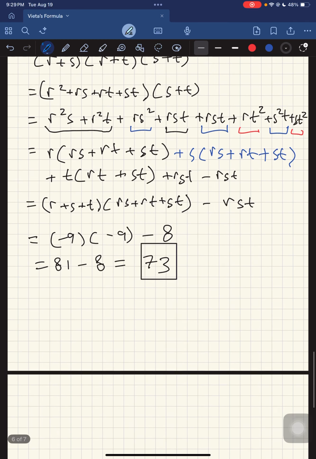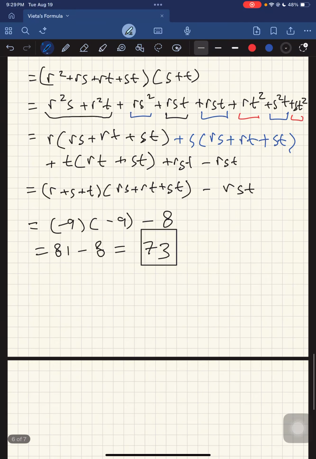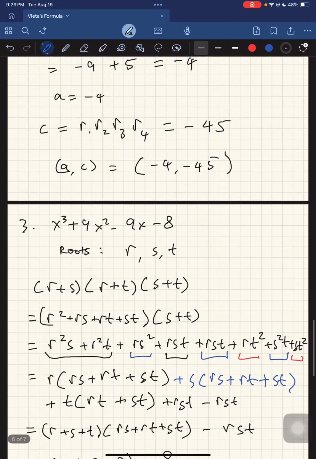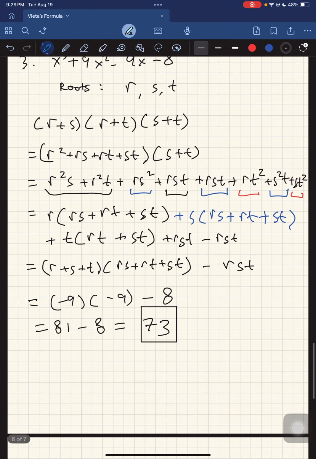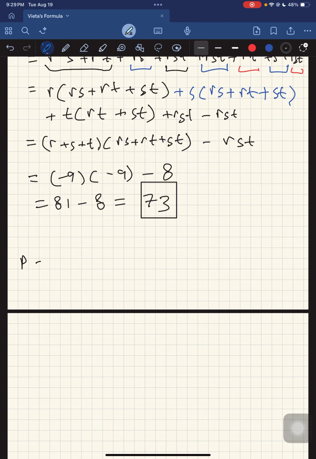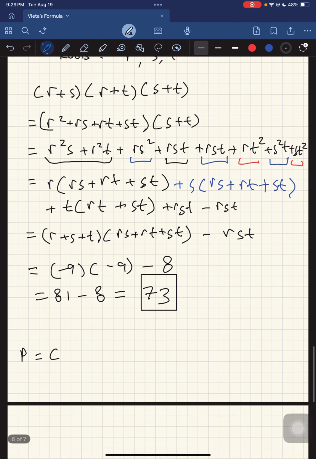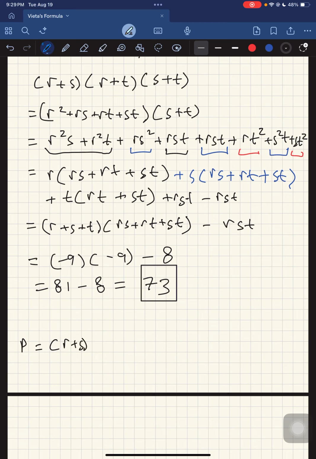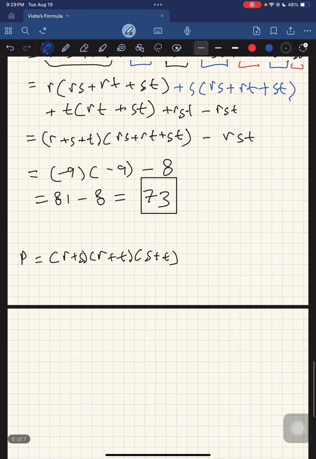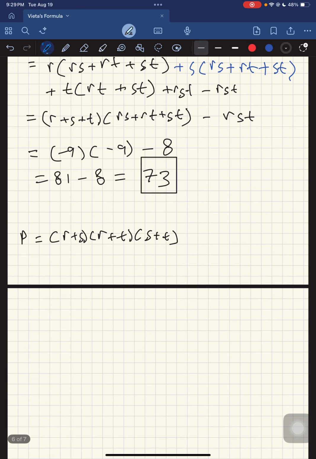And now there is an easier way to do this, or not necessarily easier, but there is definitely a faster way to do this. So let us have some variable p which is equal to this value, r plus s, and so on. Now, what we can notice is that each of these terms is very close to the first symmetric sum.